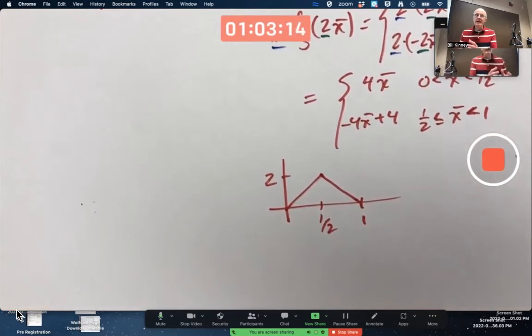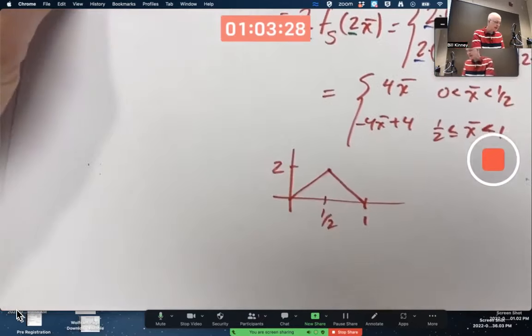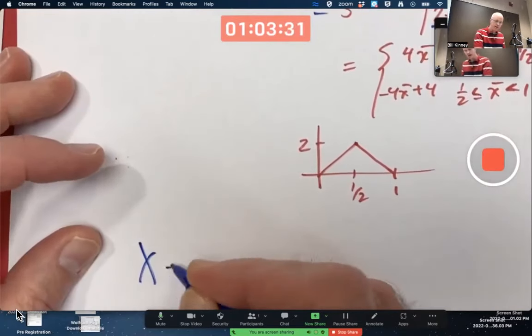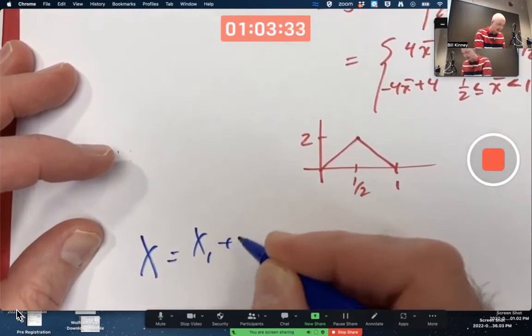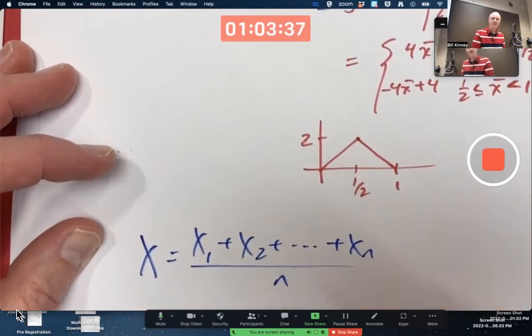Again, in the book, a random sample in general has size n: n independent random variables from the same distribution. A statistic is a function of a random sample. For the sample mean, if you have n such random variables, here's its formula: add up those n random variables and divide by n.